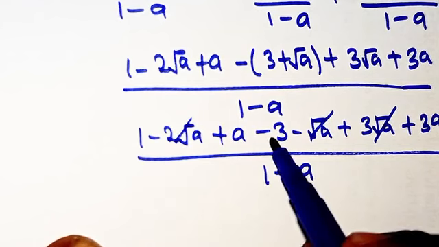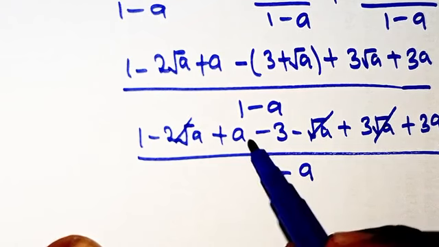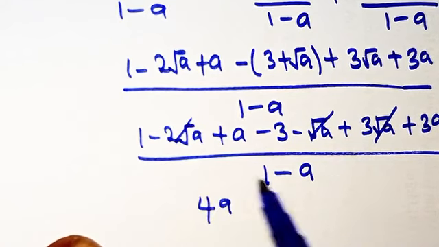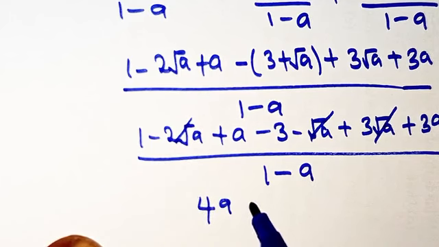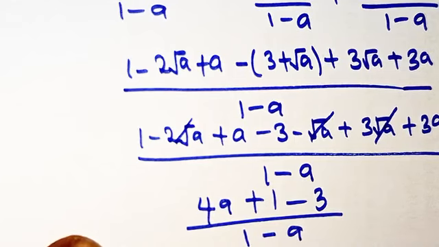We have minus 3 here, and we have 3a here, and I have a here. So a plus 3a, that is 4a, right? Then I have 1 minus 3 here.